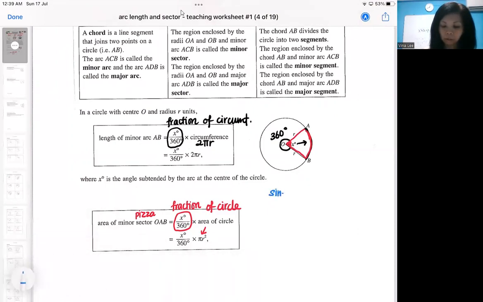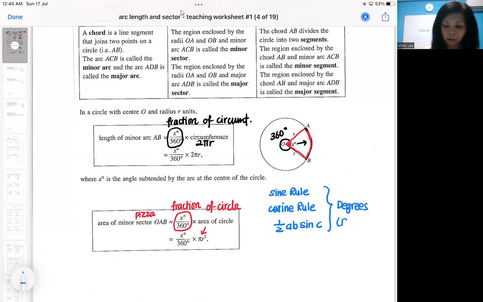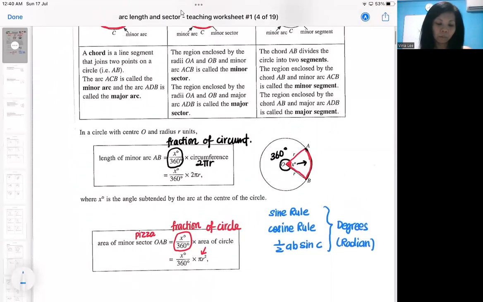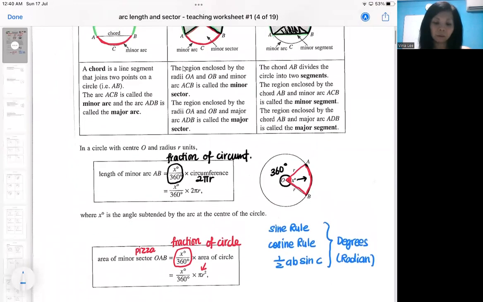So you will need your sine rule, your cosine rule, and your half AB sine C. These three formulas can be done in degree mode, or in radian mode. Right now, the focus is to do everything in degree mode. If you have a good foundation on the questions in degree mode, when we transit to radian it will be a lot easier. That is the basic idea that you will need to have for this topic first.